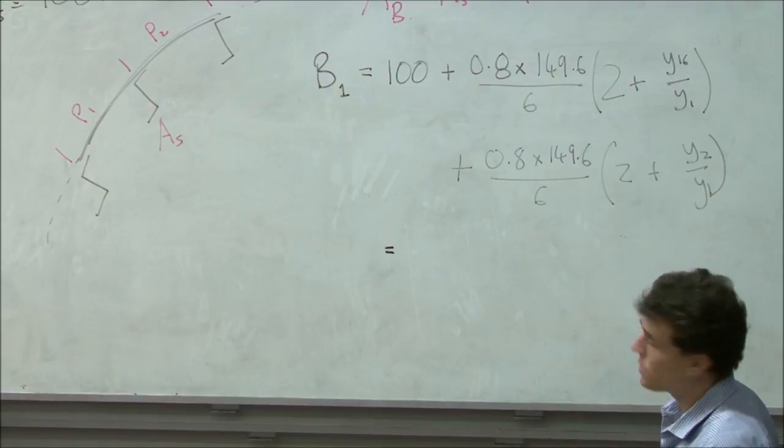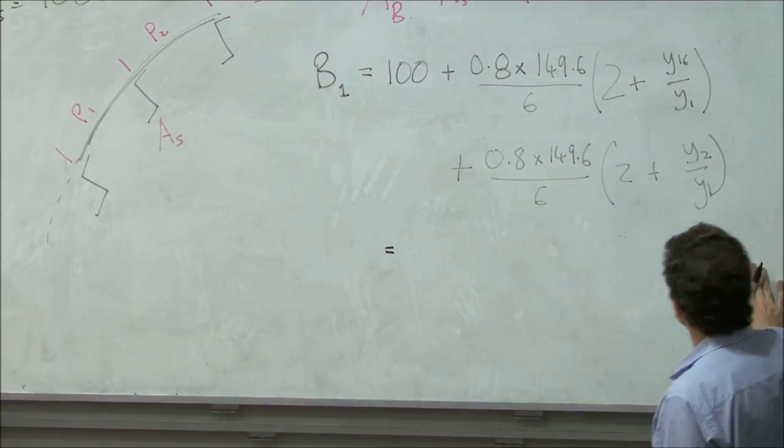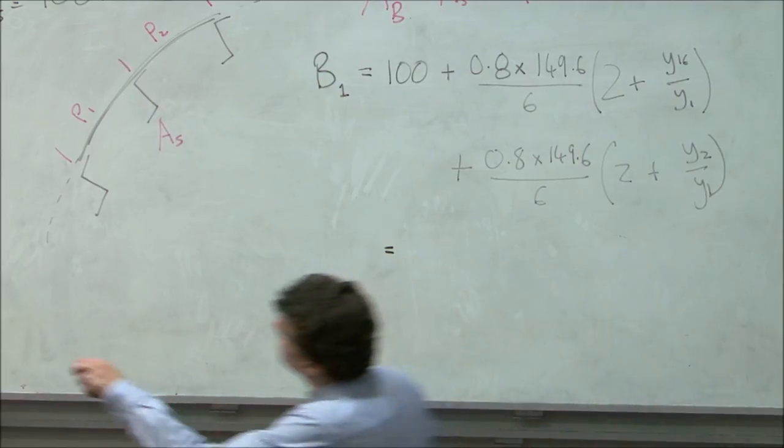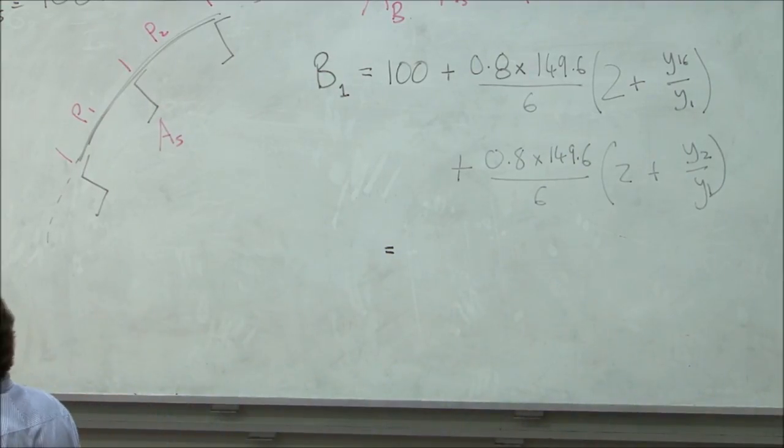So let's do that calculation. If anyone's got a calculator, y16 and y2 are the same. They're both equal to 352.